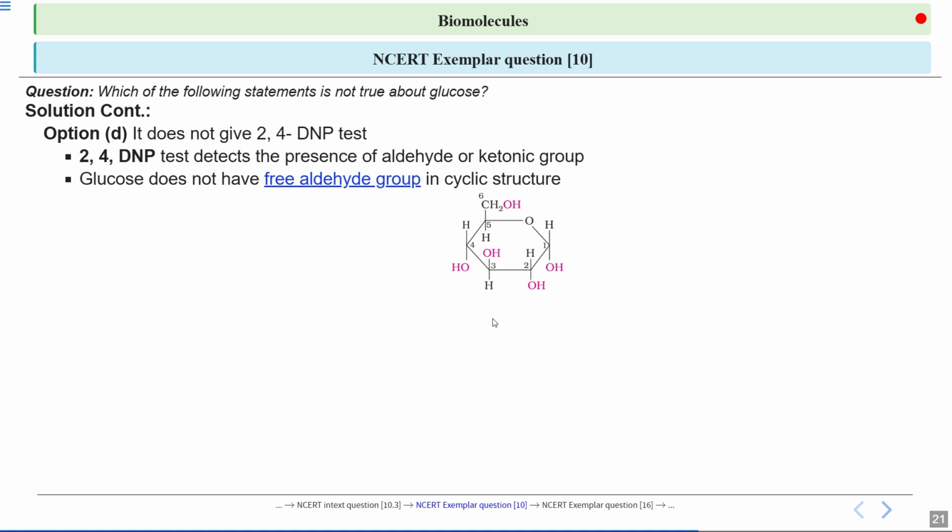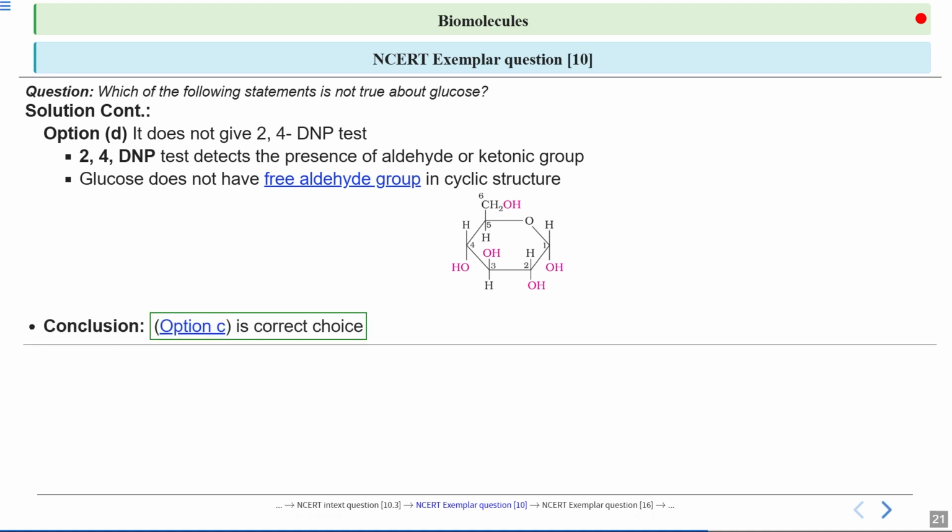Look at this cyclic form. There is no free aldehyde group present. This is the ring form of glucose where the aldehyde group is involved in the formation of the ring, so it can't react as a free group. This explains why glucose doesn't give a positive result in this test.